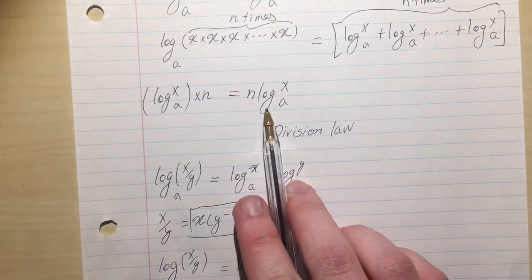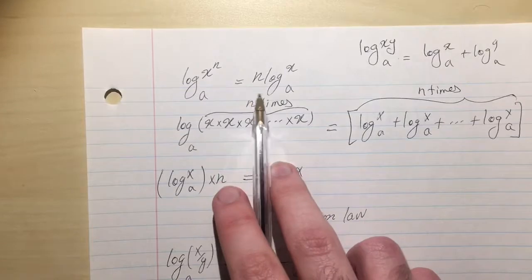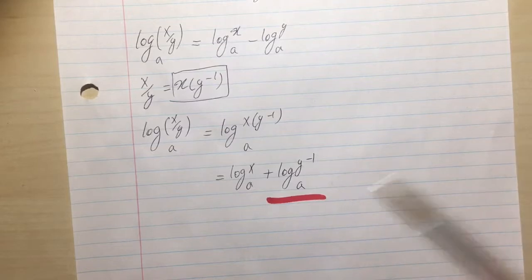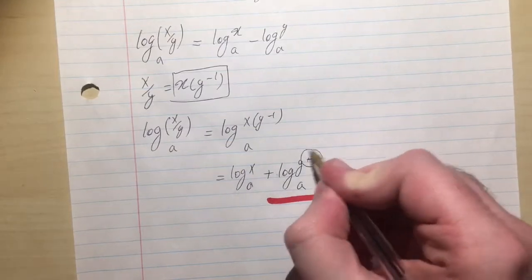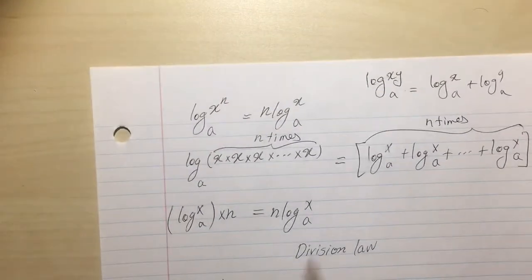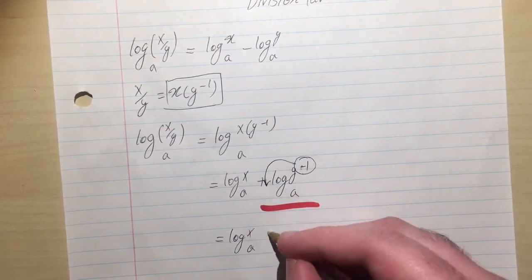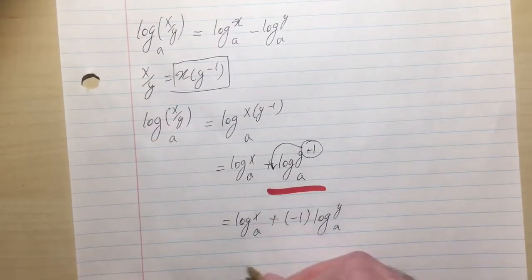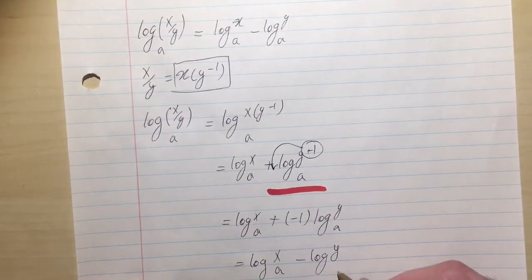You can see there is an exponent inside the log, so I can write it as the coefficient of the log, just as it came out here. So I can write it as log x base a plus negative 1 times log y base a, and this is log x base a minus log y base a.